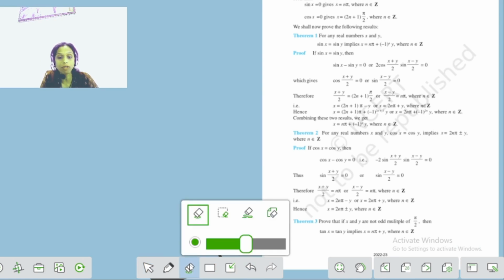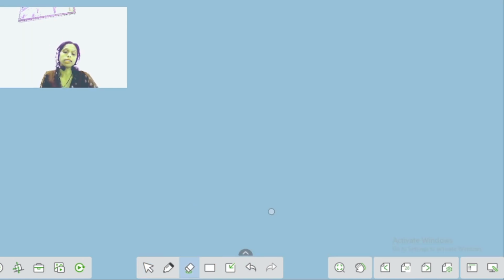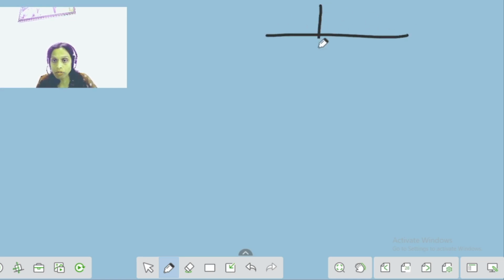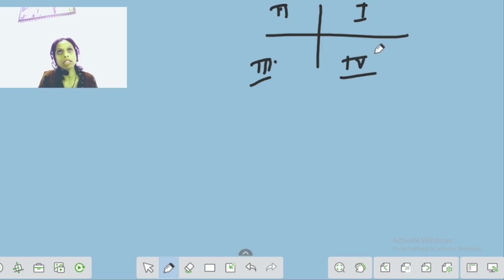Actually, what is a general solution? First, you know very well every trigonometrical ratio lies between the first quadrant, second quadrant, third and fourth quadrant.